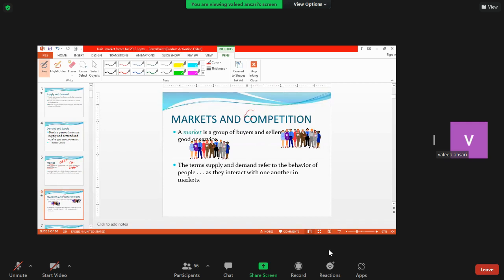When people interact, for example, when there is a demand for a certain product, producers may allocate resources towards production of the particular kind of products and services that are demanded. Similarly, if there is less demand for that product, they may shift to others. So that is why market and competition are synonymous; it is expected that when a market operates, competition will also prevail.